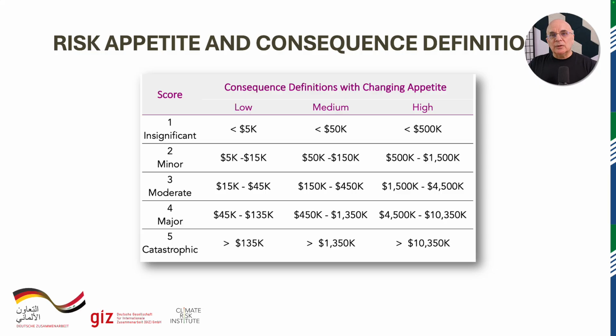So if, for example, looking at insignificant, for one organization, they were talking about something less than $5,000, another less than $50,000, another less than $500,000 worth of impact. These are not the same, but the approach that we're using can be used in any of these sorts of organizations as long as we understand that the consequence scoring represents the appetite of that organization.